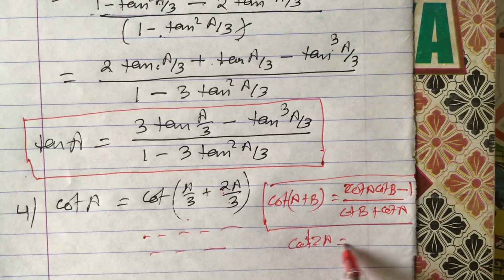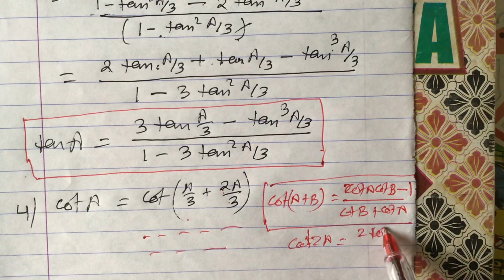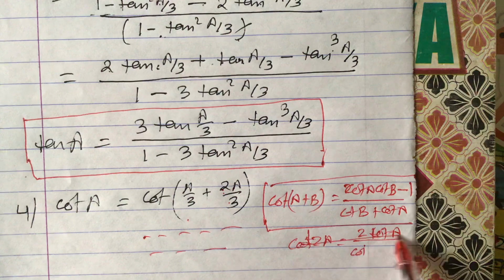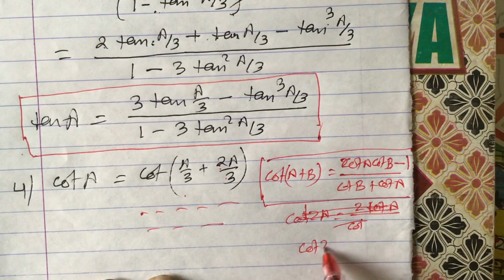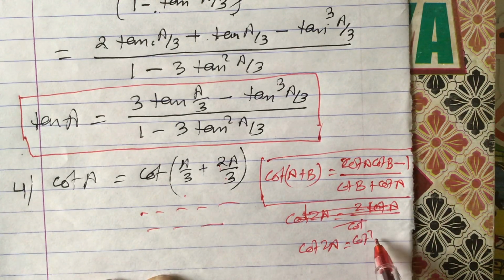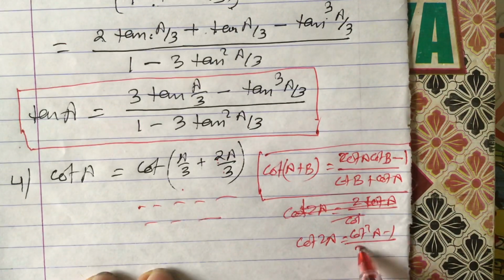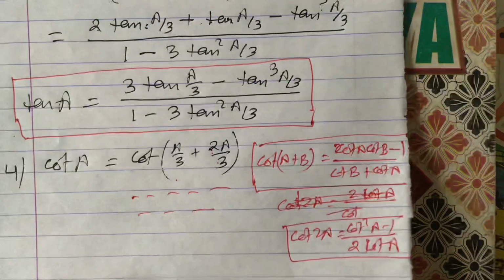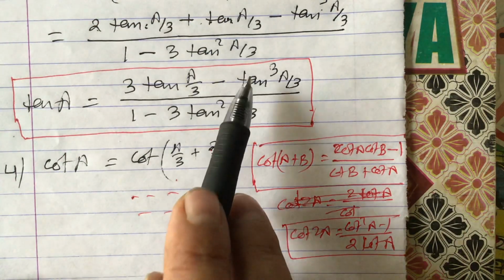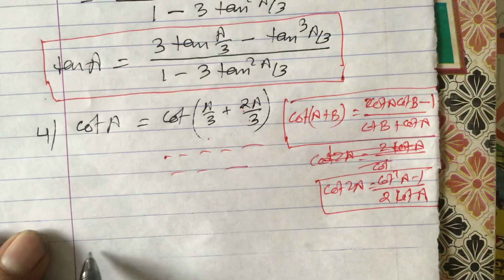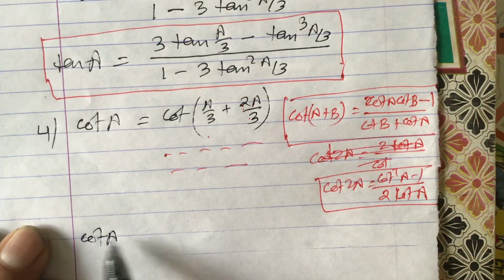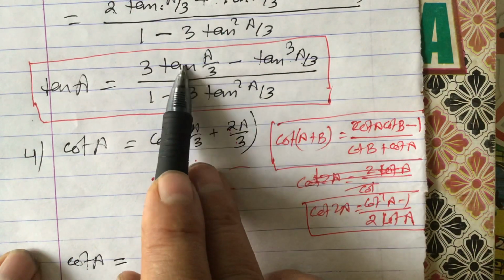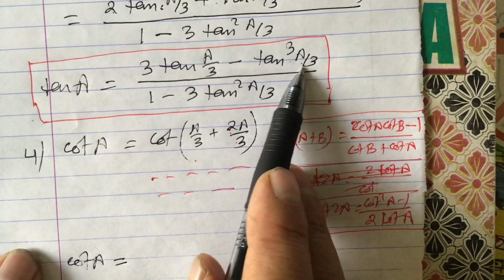The cot 2a formula is cot square a minus 1 divided by 2 cot a. Okay, you can apply this formula, then in this way you will get the formula of cot a, like this. Cot a will be equal to, you will get here tan cube a we are getting, this term will be in the front side, this will be in the back side, but in terms of cot.